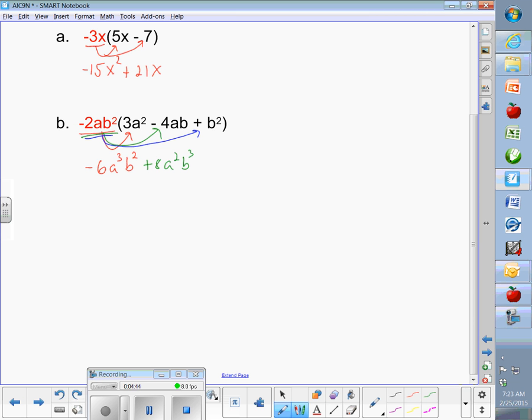Negative 2 times a positive 1, not shown, right? The 1's not shown, but we know it's there. So a negative 2 times a positive 1 is a negative 2. The a is just there because times a, and then b squared times b squared, b to the fourth, and there is your resulting trinomial. Okay? Hey, piece of cake, monomial times polynomial.